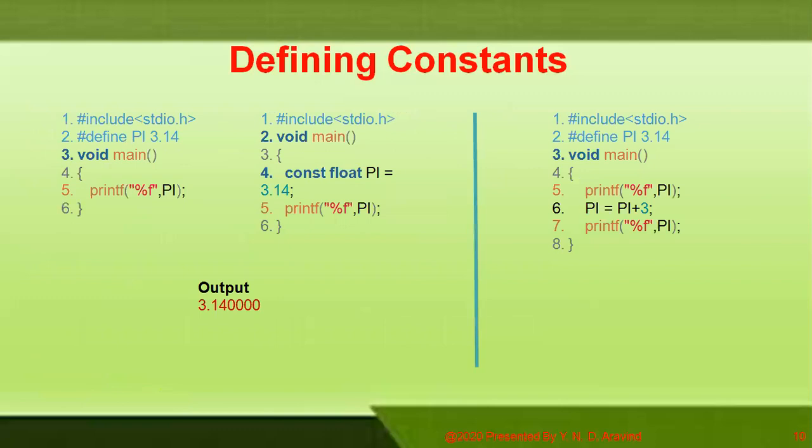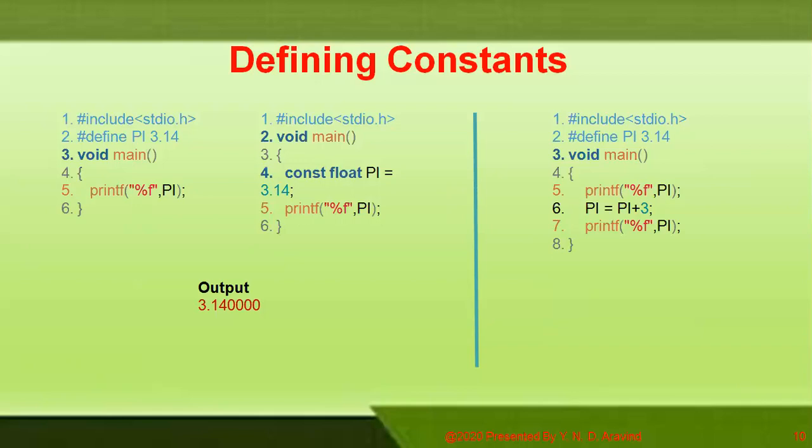Now let us see some example programs using both methods, how to use the constants. My first program: #include <stdio.h>, #define pi 3.14, void main, printf of %f of pi.